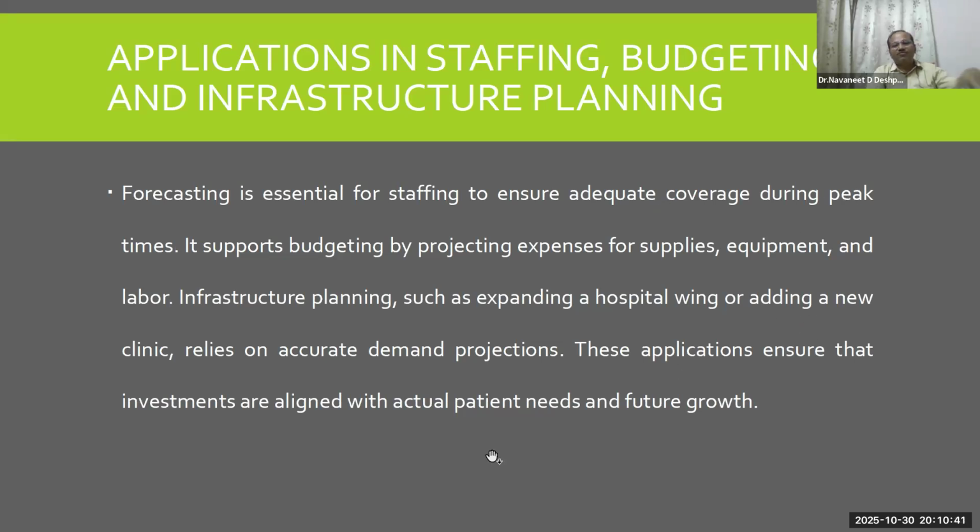So there is a lot of actual patient need still there, but it is not reaching the particular set of people. So these applications ensure the investments are aligned with actual patient needs. Okay, so investments cannot go to waste, basically speaking, and it should also help future growth.